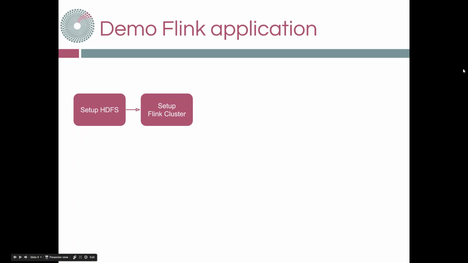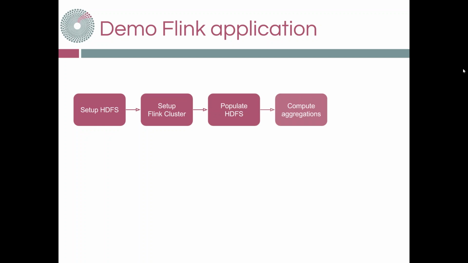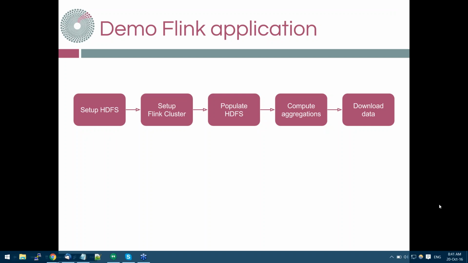And after that, we need to have a Flink setup, a cluster, which we are going to set up on the Big Data Europe platform or in your local environment, depending on your configuration. And after that, we need to populate data on HDFS, do a word count execution and download this data. This is a pipeline which we are going to show in a minute.